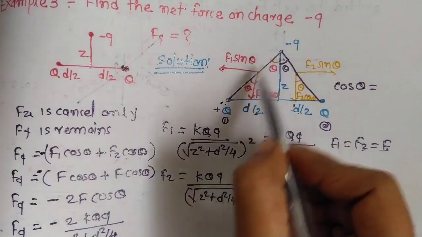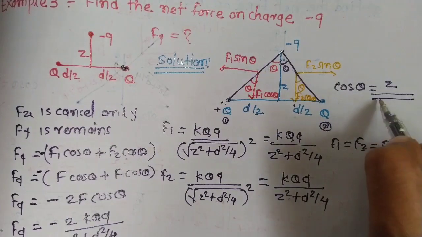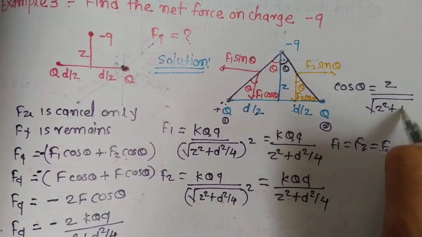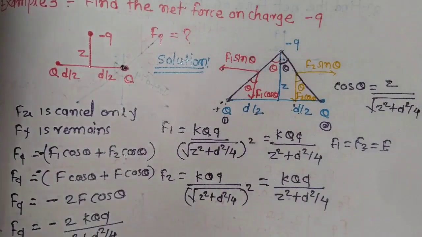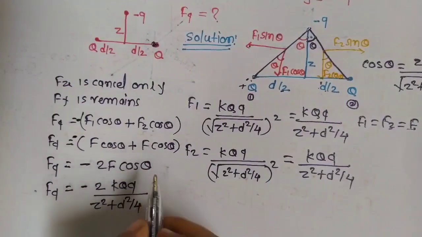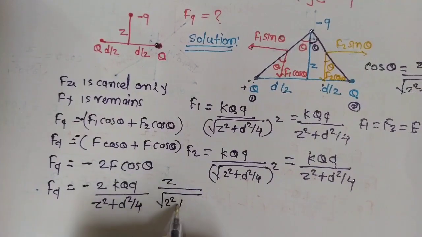The z is the adjacent side and the hypotenuse is under root z square plus d square by 4. So we can put the value of cos theta here: z upon under root z square plus d square by 4.